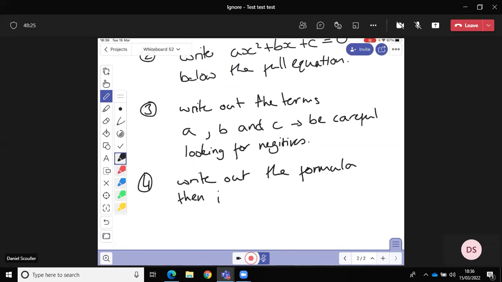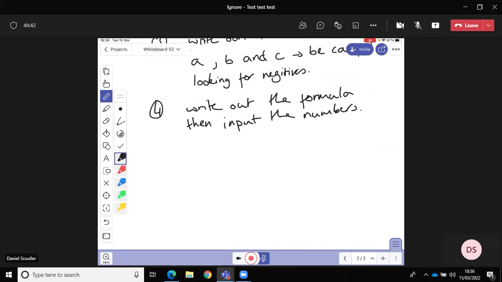Then input the numbers. Where it says B, input B. Where it says C, and so on. Again, we'll look at that.